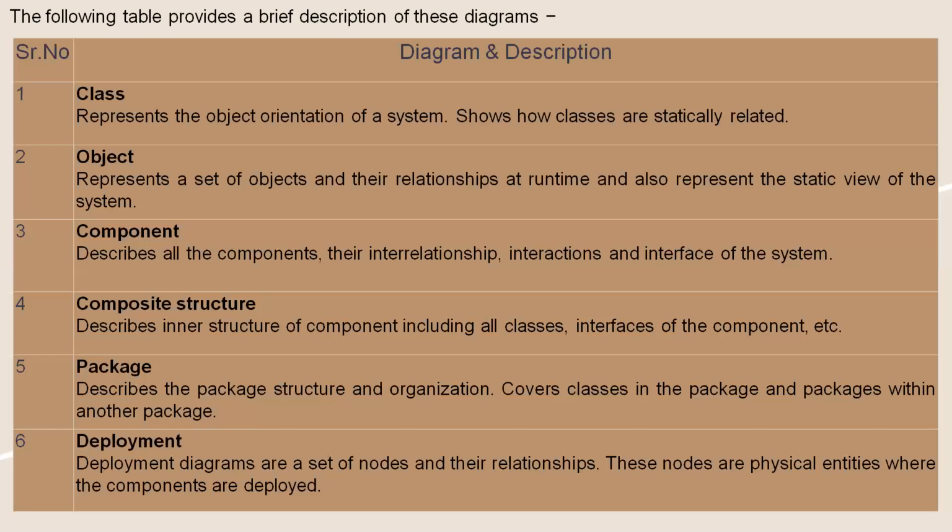It means whenever we want to cover all the classes in one package, it also shows the relationship between packages. And next one is the deployment diagram. Deployment diagrams are a set of nodes and their relationships, and these nodes are physical entities where the components are deployed. So these are the diagrams and the descriptions of the structural model.